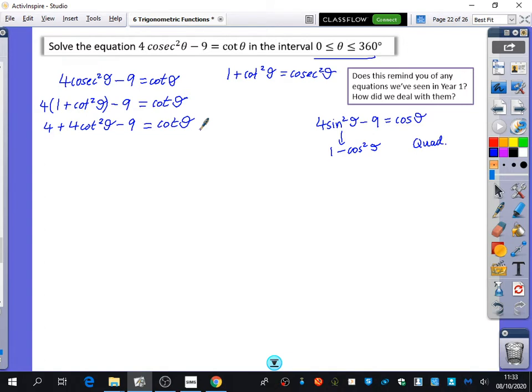And then we're going to rearrange because the type of equation this is a quadratic. So I'm going to make it equal 0. So I have 4 cot squared theta minus cot theta minus 5 equals 0. And then I would go straight into my calculator to the polynomial solver, and I would put in that the A coefficient is 4, the B coefficient is -1, and the C coefficient is -5.